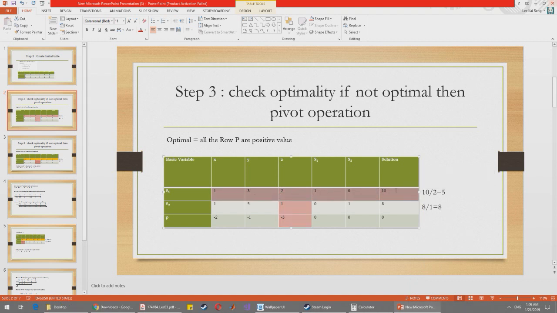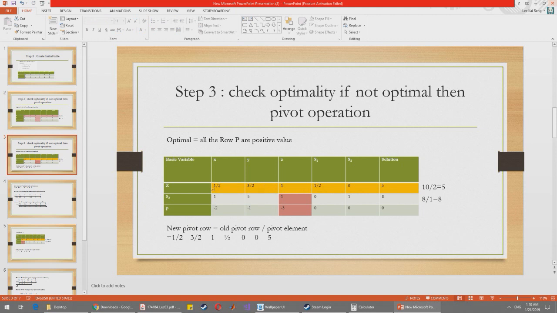And we also need to find the new pivot row by dividing by the pivot element. In this case the pivot element is 2, so all the row members must be divided by 2, which means 1 divided by 2, 3 divided by 2, 2 divided by 2, and so on. This will be the output: 1 divided by 2, 3 divided by 2, and this will become 1.